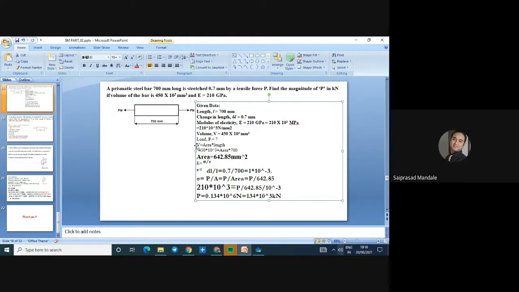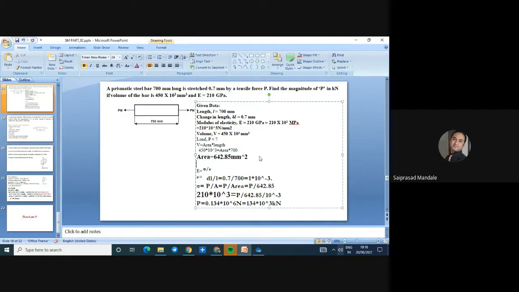What we have done, we have firstly calculated the volume. We have calculated the area from the volume. This is step number 1. Then step number 2, we have calculated the value of strain.